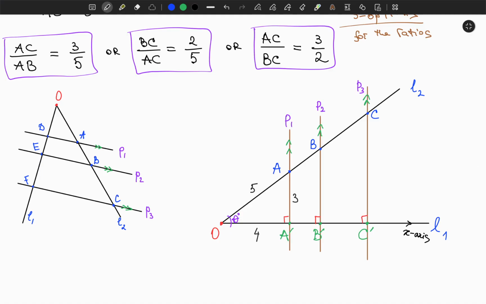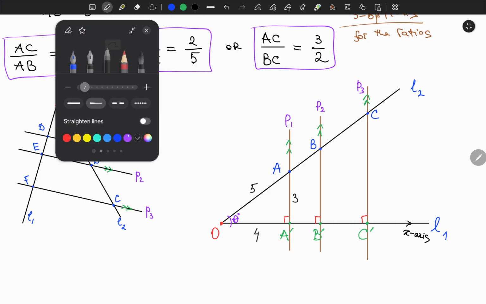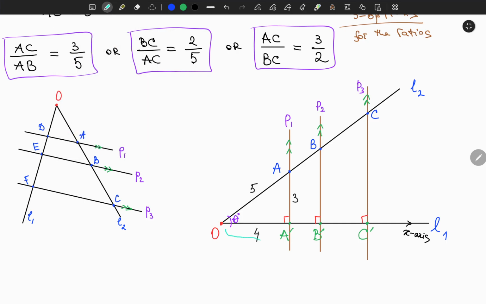So let's choose from O to B, that part, to be 8.